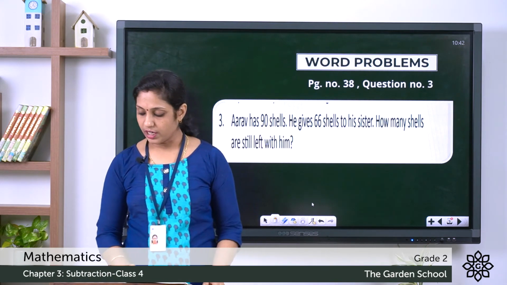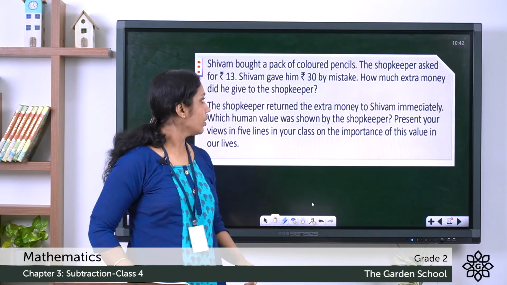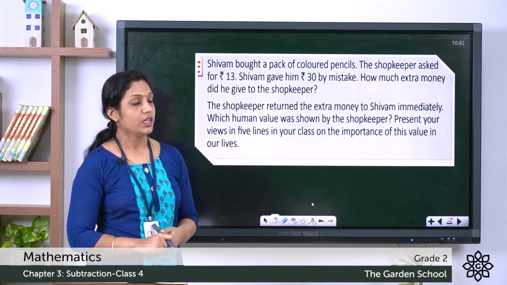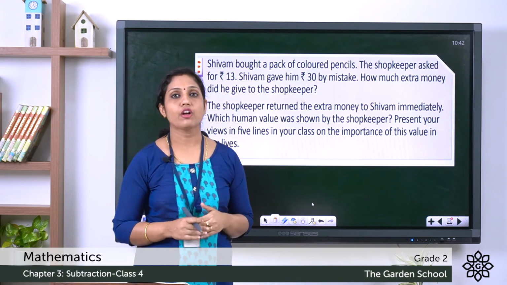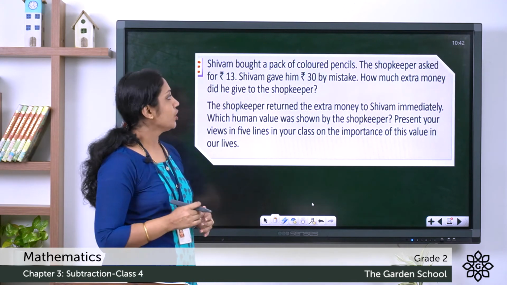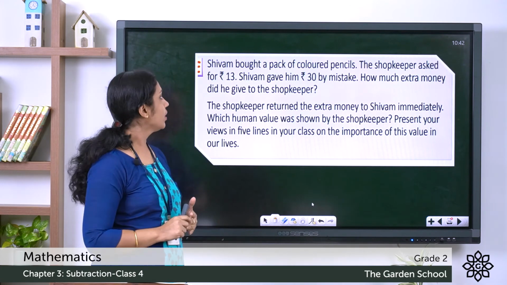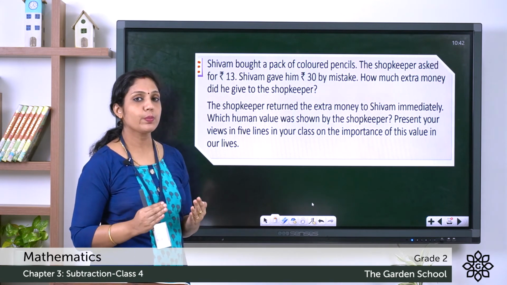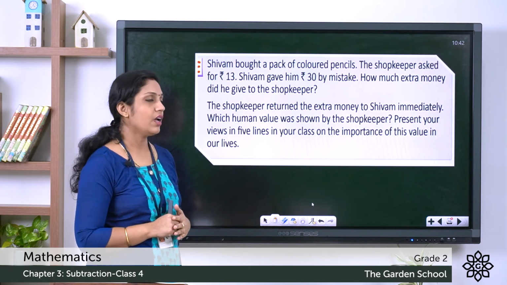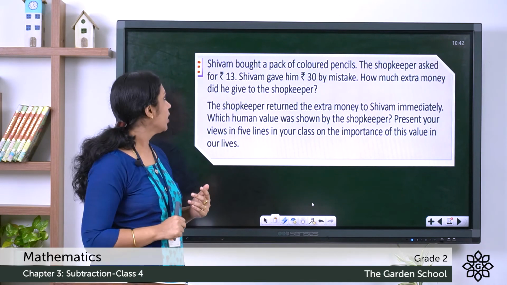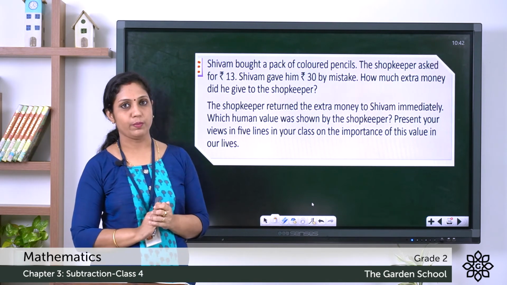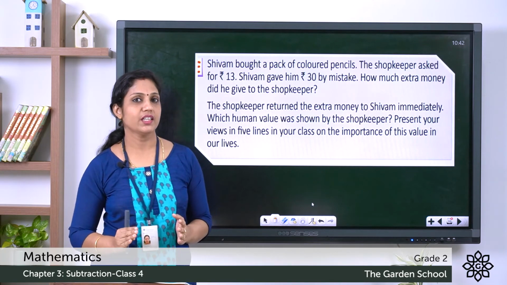In your page number 39, we have a question. Shivam bought a pack of colored pencils. The shopkeeper asked for rupees 13. Shivam gave him rupees 30 by mistake. How much extra money did he give to the shopkeeper? So did you understand the question?